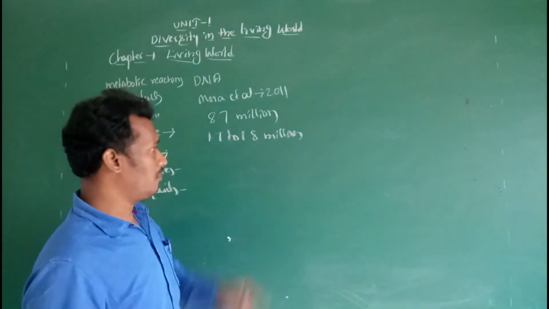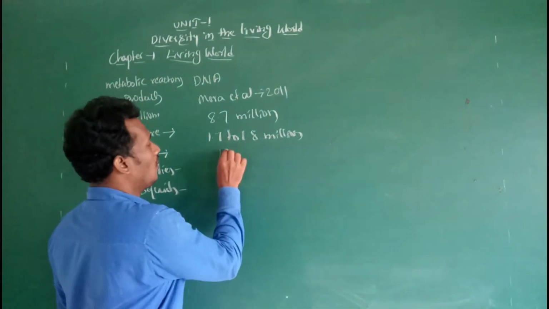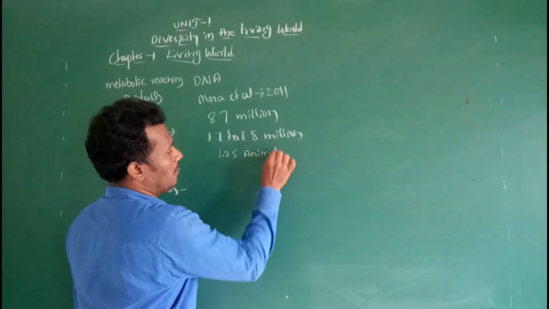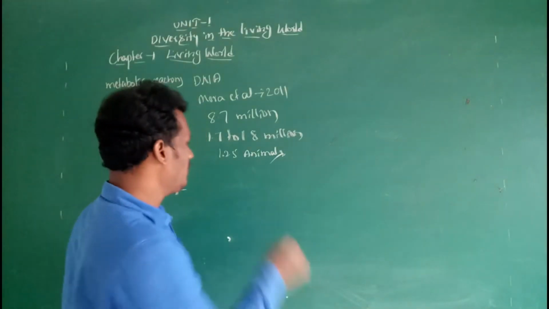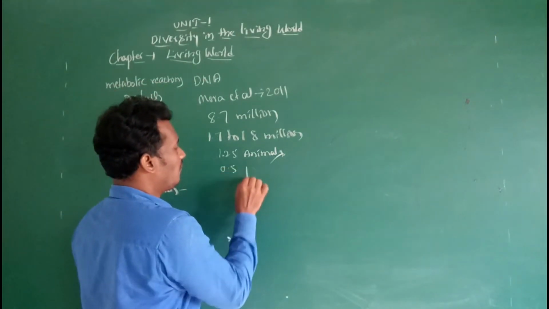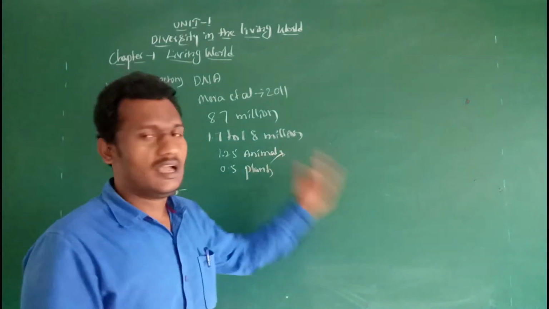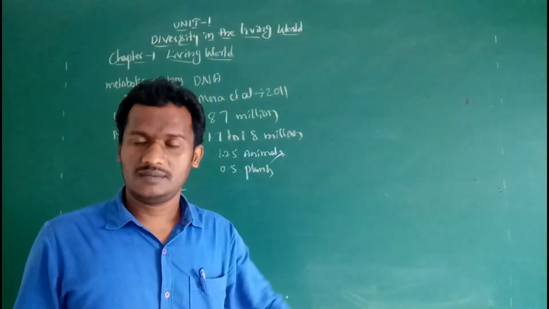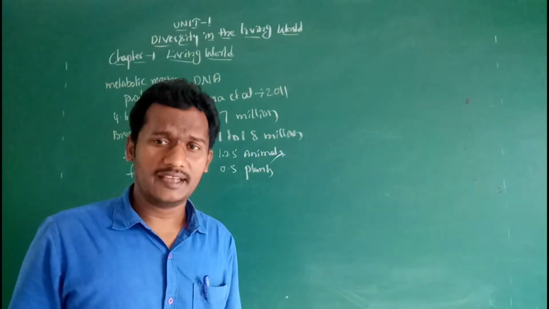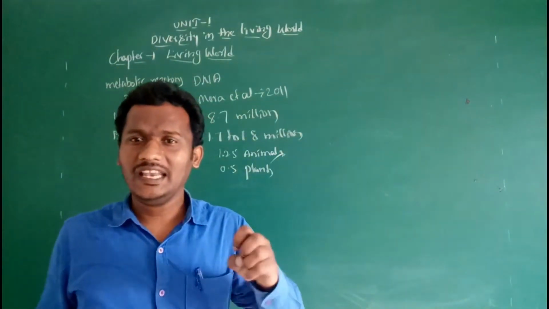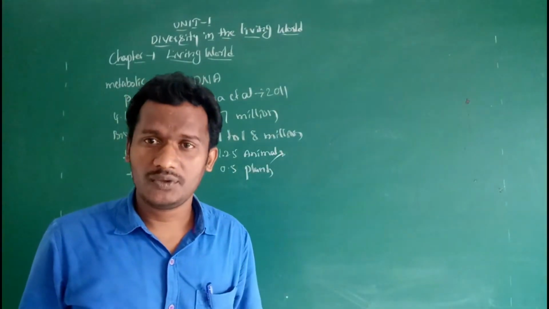Out of this 1.7 to 1.8 million, 1.25 million are animals, 0.5 million are plants, and the rest are other microscopic organisms, microbes, etc. All these organisms express unique characteristic features.